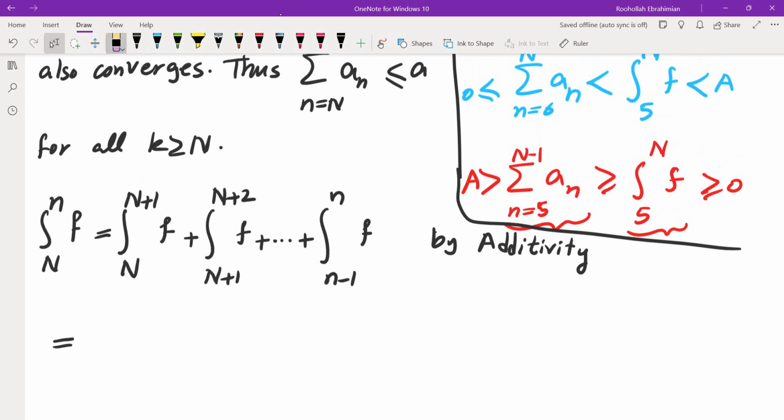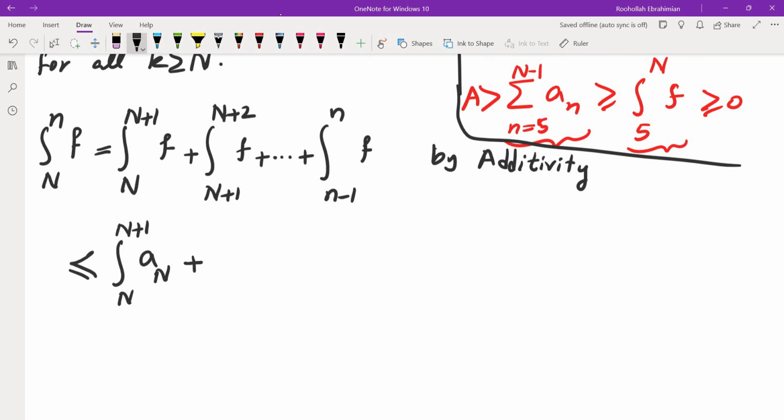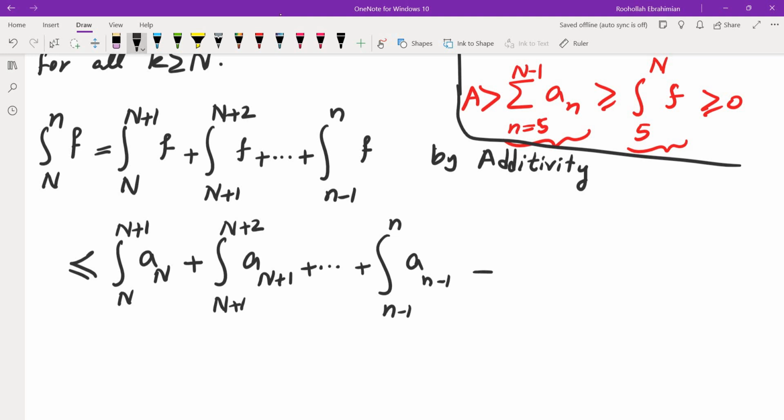Now, I'm going to replace each one of them by something larger. So the integral from capital N to capital N plus 1 would be less than or equal to a sub N, because f is decreasing, plus the integral from N plus 1 to N plus 2 is at most a sub N plus 1, because f is decreasing, all the way to a sub k minus 1 from k minus 1 to k.